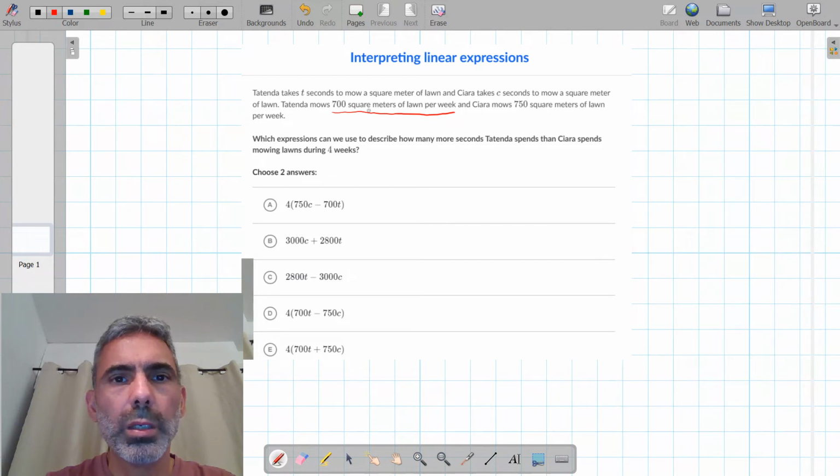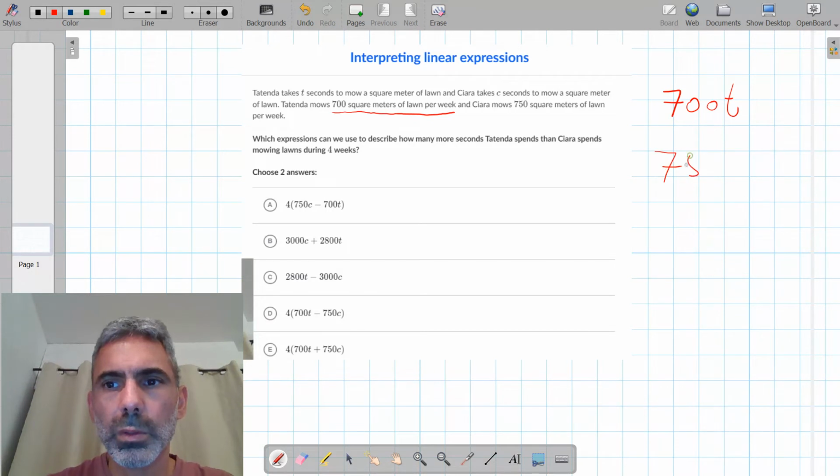So each week she spends 700 times T seconds on mowing the lawn. And Ciara mows 750 square meters of lawn per week, and it takes her C seconds. So she spends 750 times C seconds per week to mow the lawn.